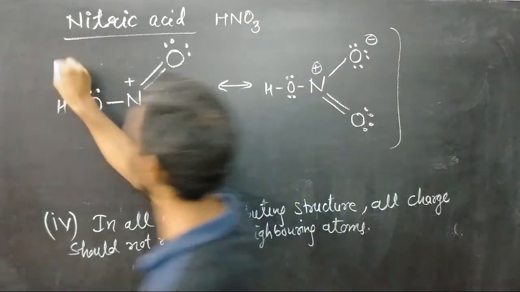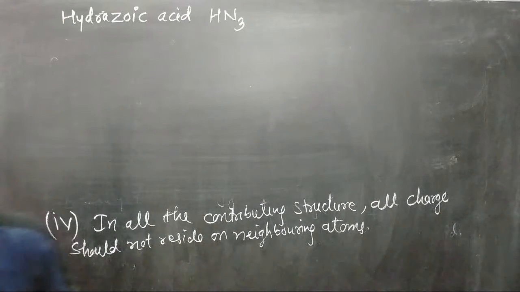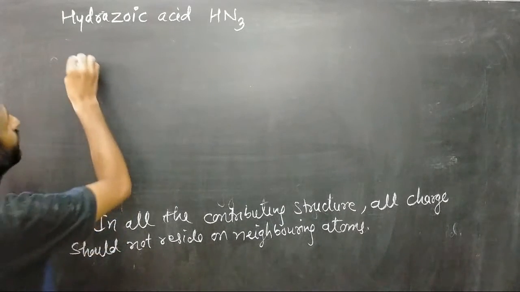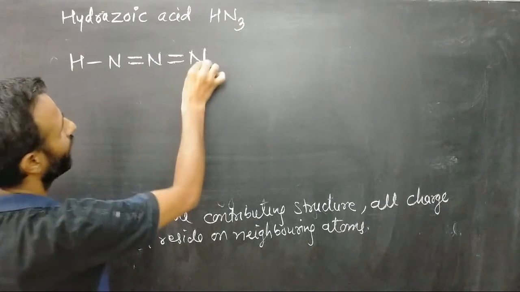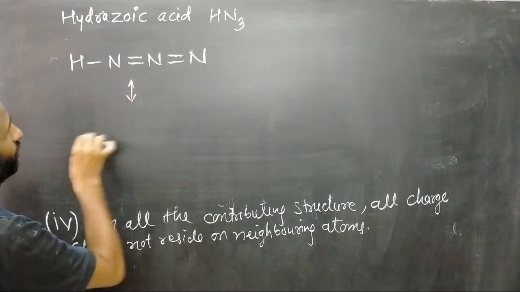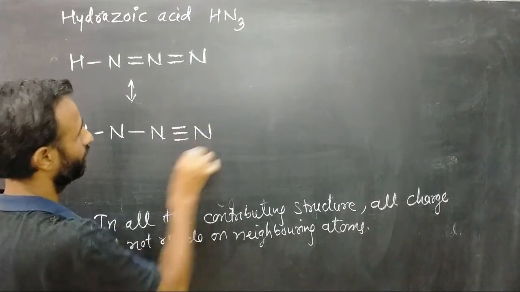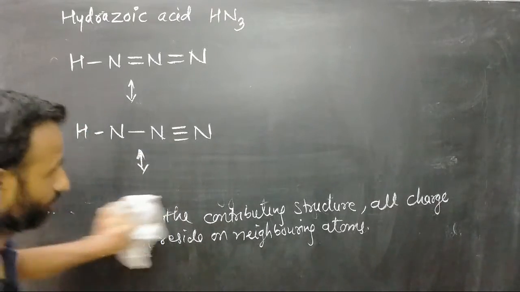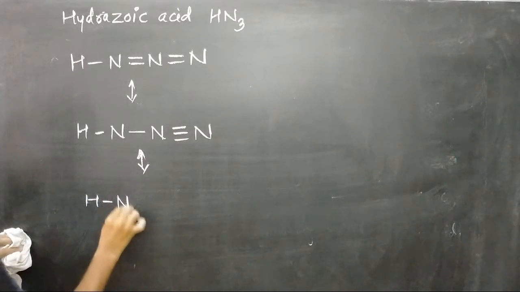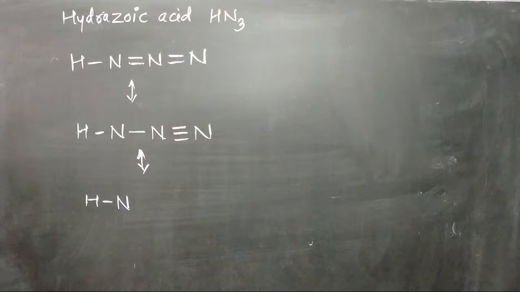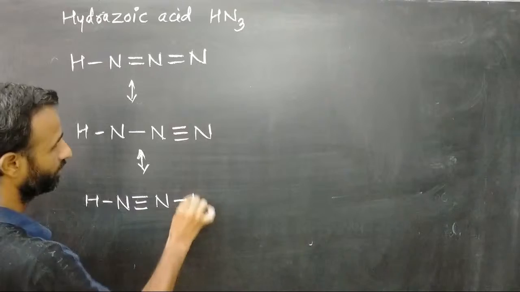These are the resonating structures of hydrazoic acid, HN3. So HN3 is H-N double bond N, or H-N triple bond N single bond N.